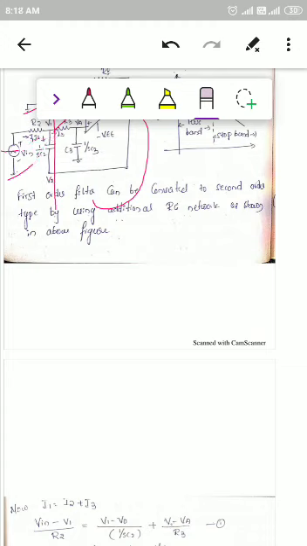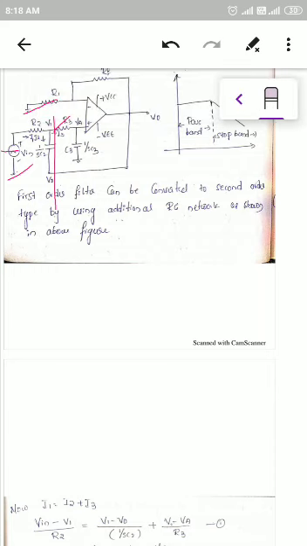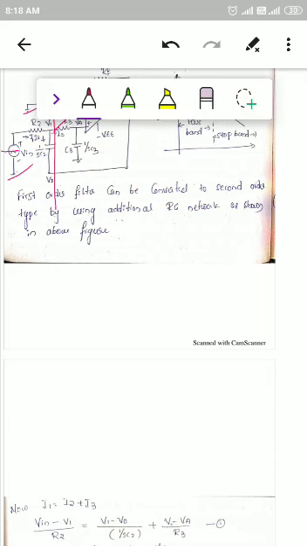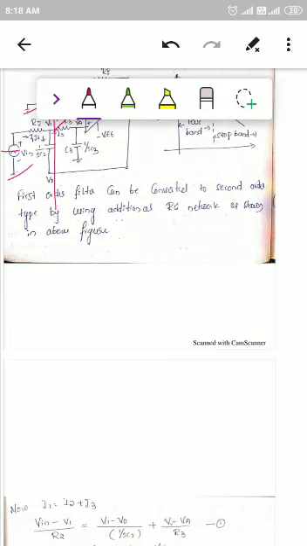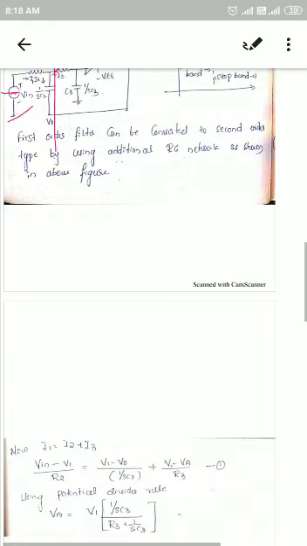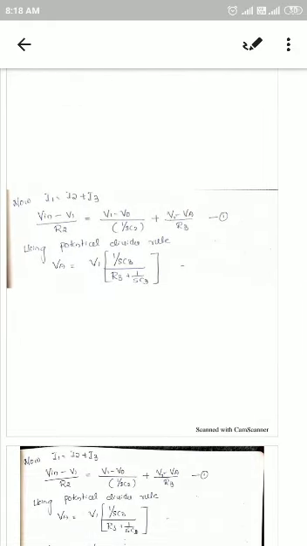Similarly I3 is once again V1 minus VA divided by R3. Okay, this is what we have derived from the figure. So we have calculated the values of I1, I2, I3 from the figure.